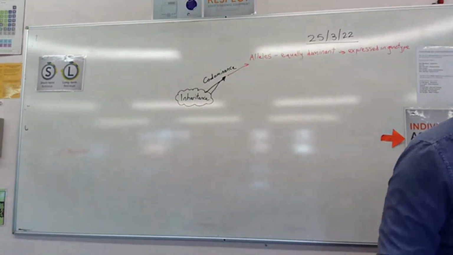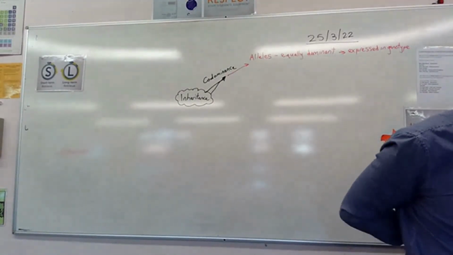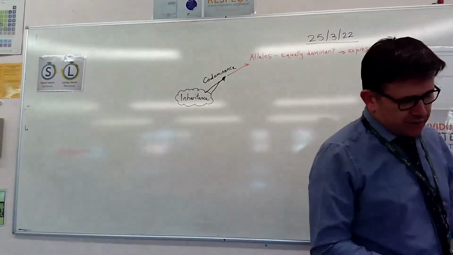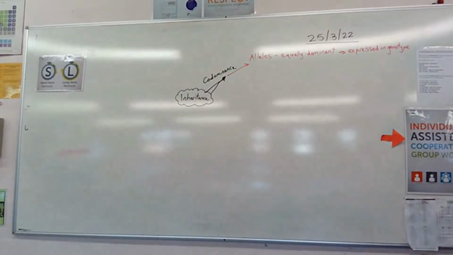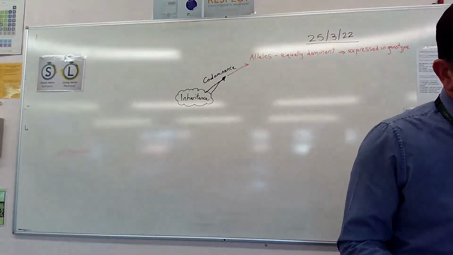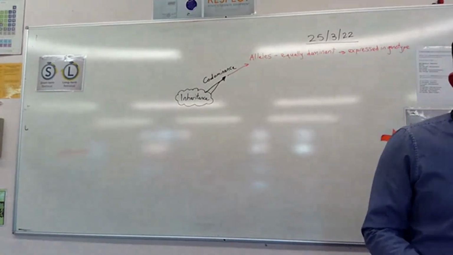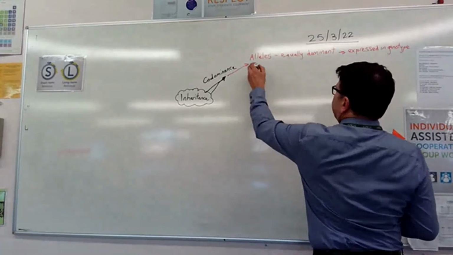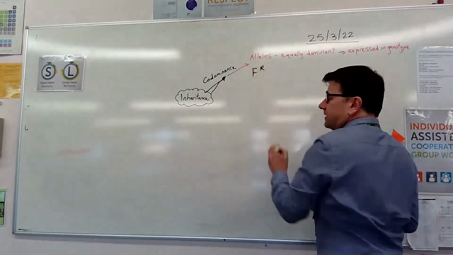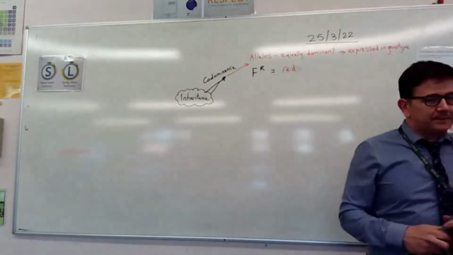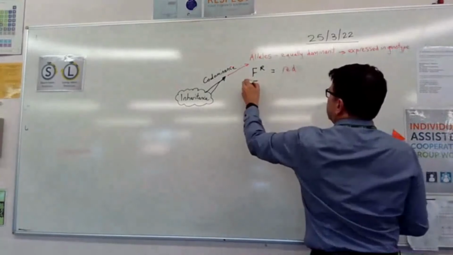Genotype is actually the combination of alleles within a cell. The phenotype is the observable characteristics or biochemical characteristics of an organism. I'm going to give you an example here. Snapdragons, I think, is a popular one. So, for example, FR is red. FW is white.